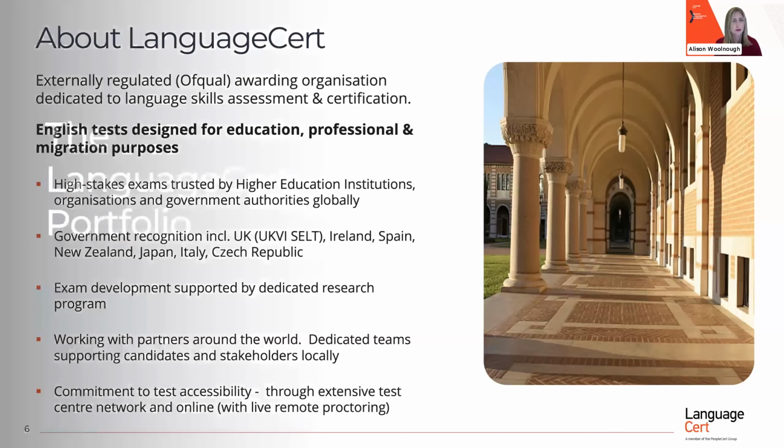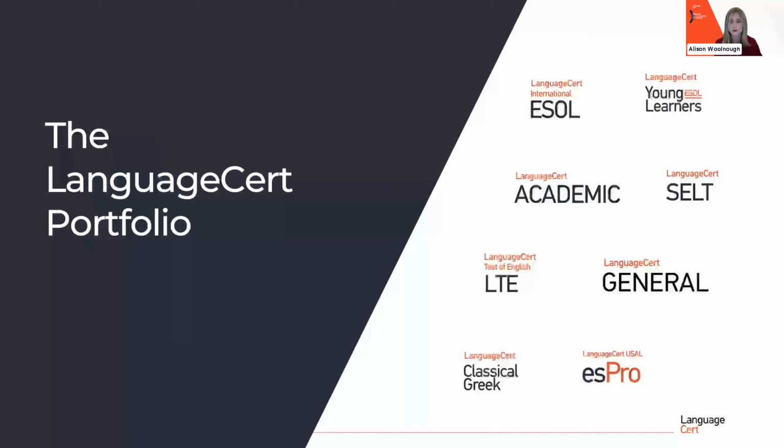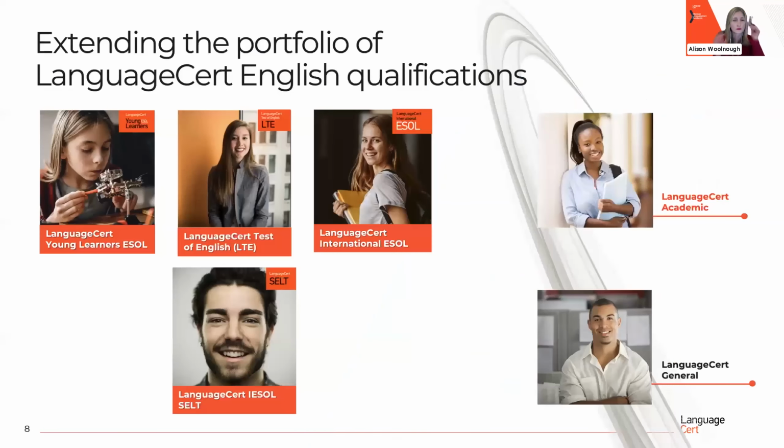So if we just take a quick look at the LanguageCert portfolio, the exams that we cover, our range of exams are designed to cater for all needs and purposes, and that starts at the very beginning. At the very beginning of the language learning journey, we have our young learners exams for children aged 7 and upwards.